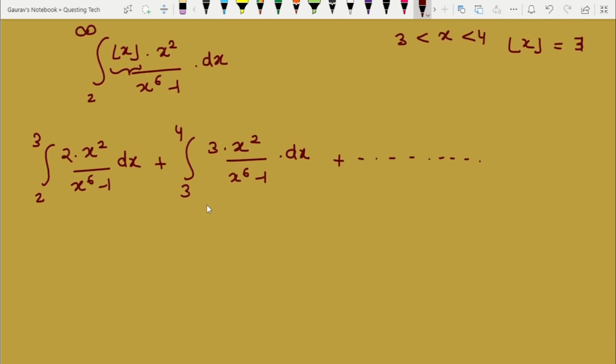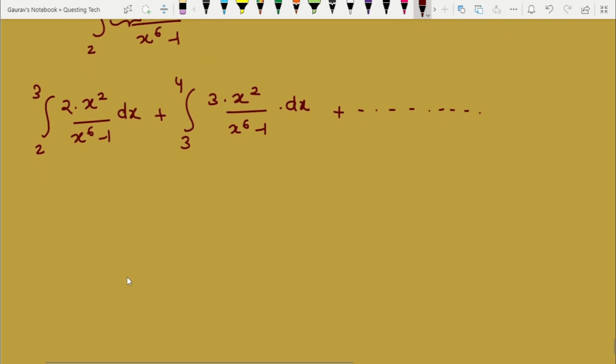So if we are going to solve one by one, then this is going to take a lot of time. Okay. What we are going to do here, we can say that this is something: the lower limit is 2, the greatest integer part is 2; the lower limit is 3, the greatest integer part is 3.